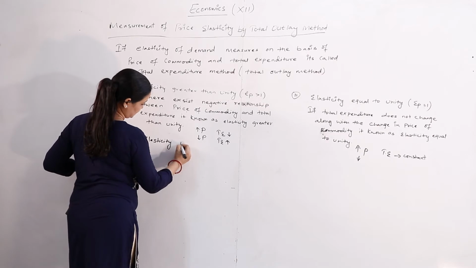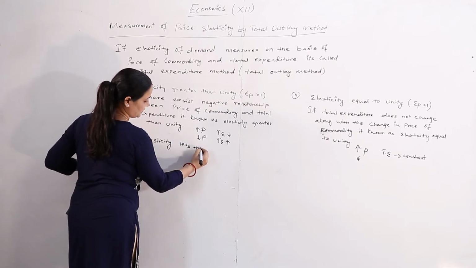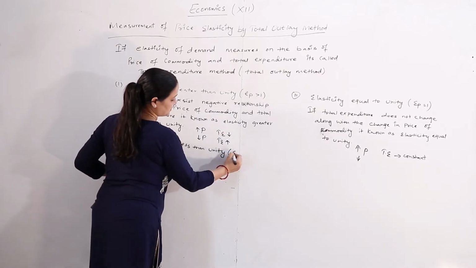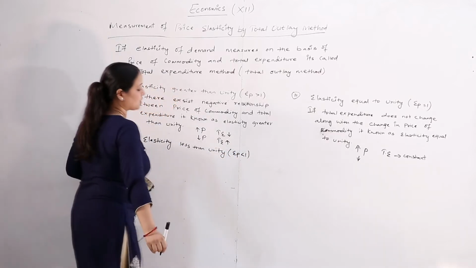And the last statement shows elasticity less than unity. It means EP less than 1.